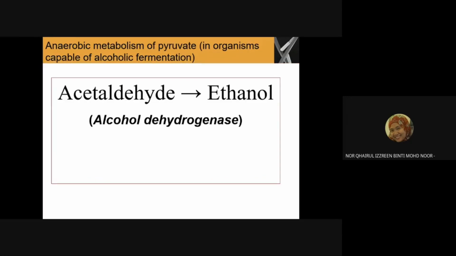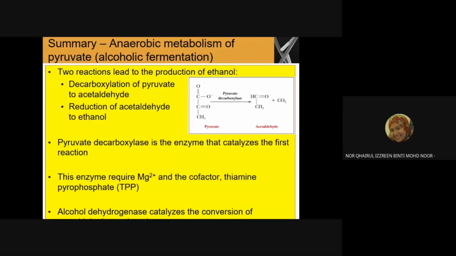This acetaldehyde is further converted to ethanol by alcohol dehydrogenase. So two reactions lead to the production of ethanol. One is decarboxylation of pyruvate to acetaldehyde, and second is the reduction of acetaldehyde to ethanol.